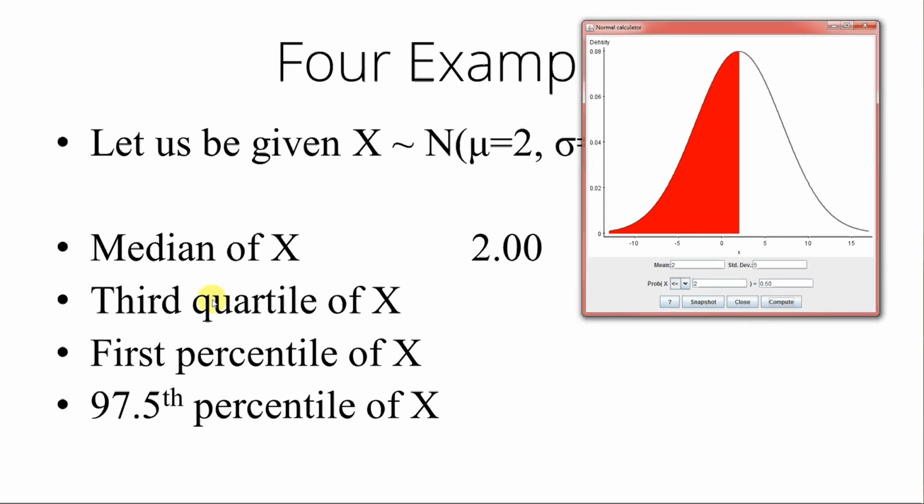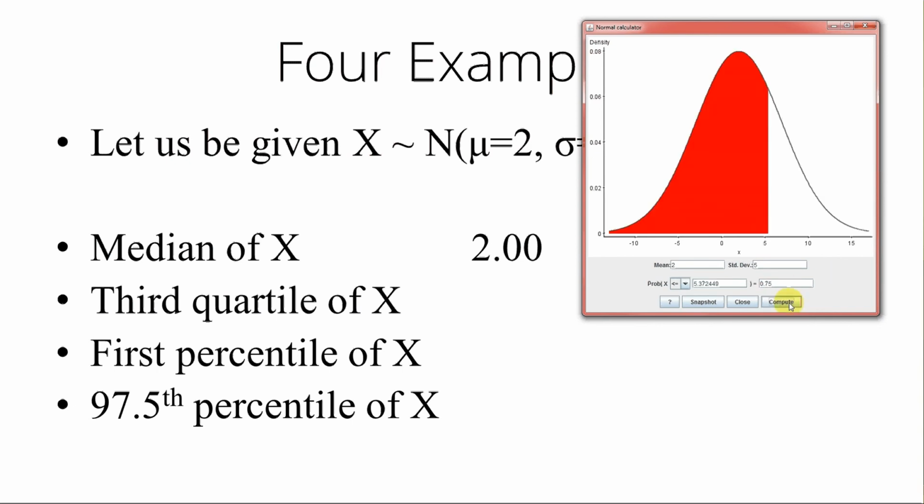Here we go. Third quartile of x, 3/4 is 75%. So this is the 75th percentile of x. One thing that changes is instead of having 0.5 there, we're going to have 0.75.